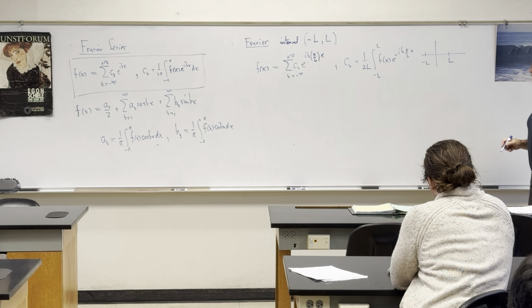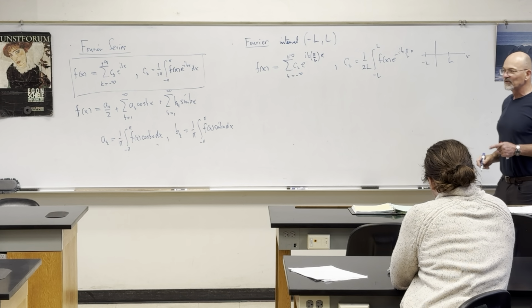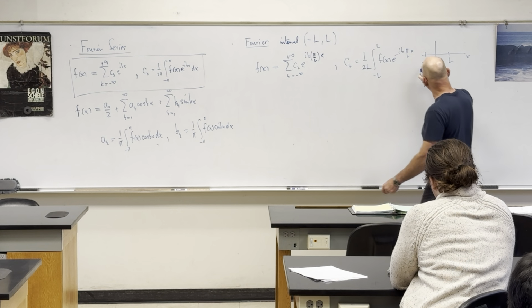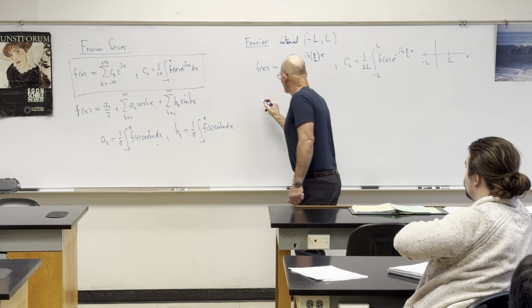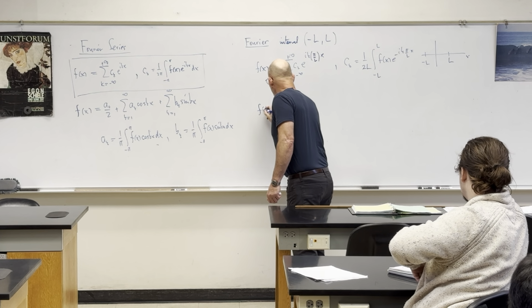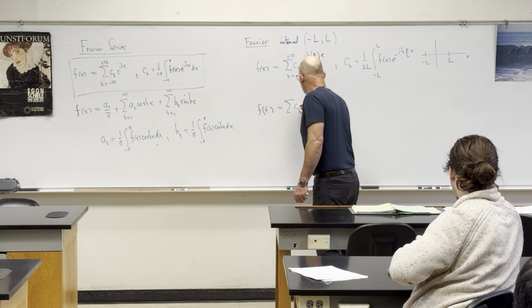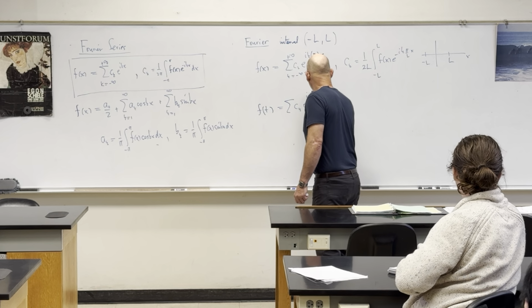What if we're using time now on this axis here? Then we might be interested in a periodic event that goes from minus t over 2 to plus t over 2. So suppose we had f of t, we could have c sub k e to the I k.